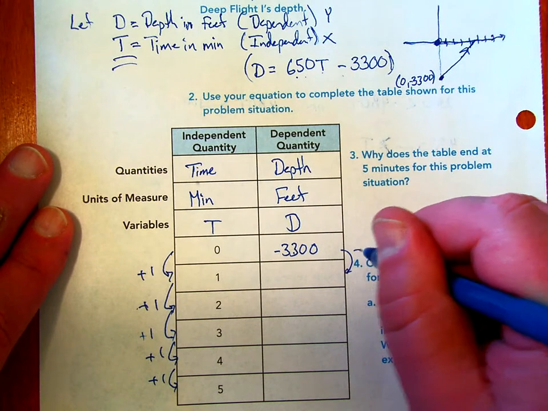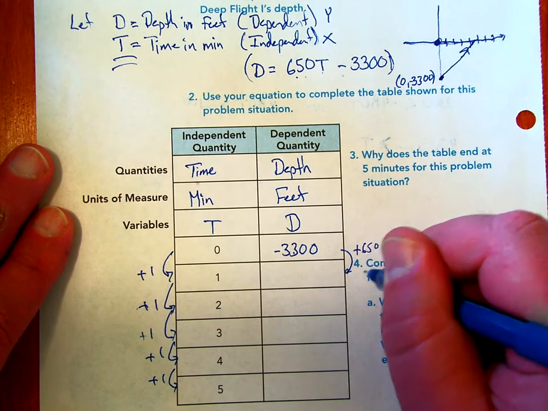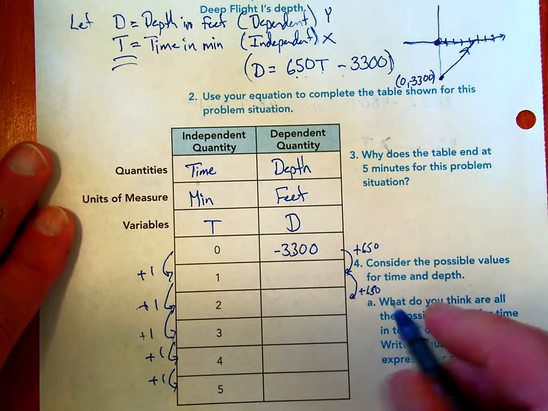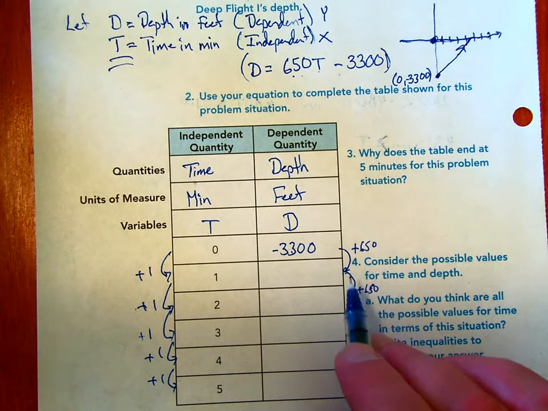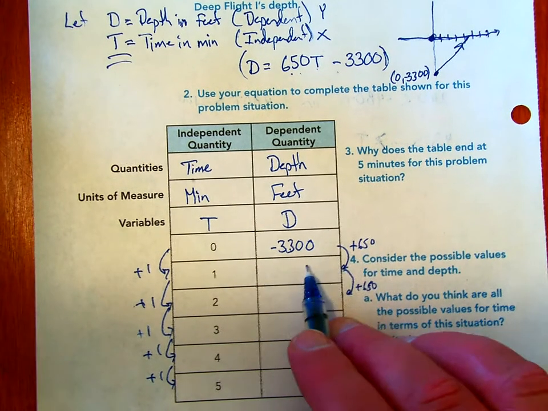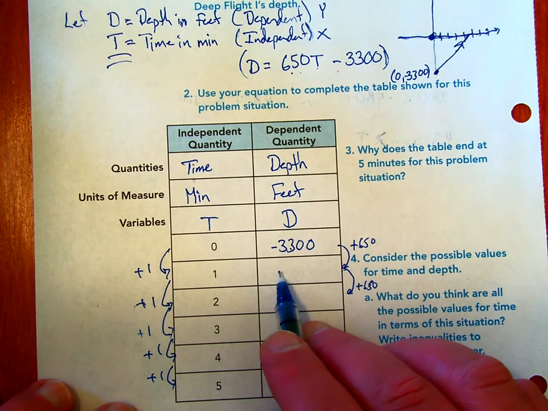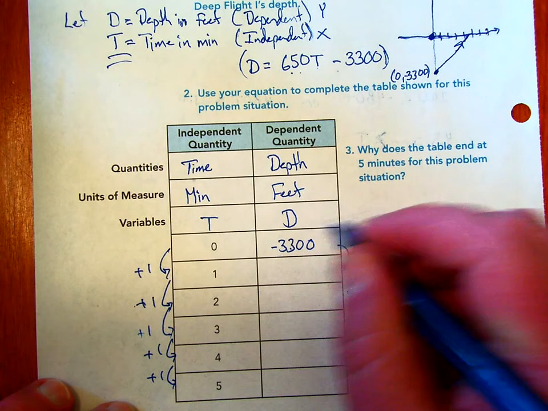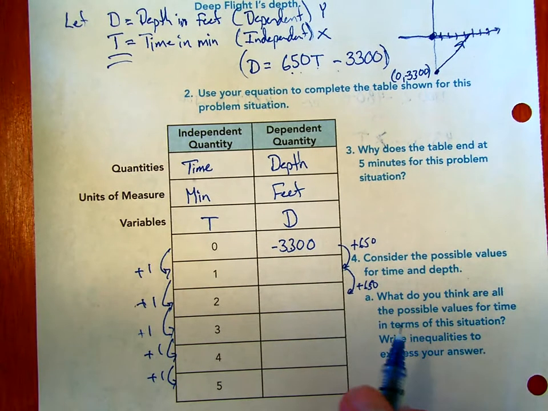We're going up 650 feet every time. And so what is negative 3,300 and add 650 to it? Again, 3,300 bad guys, 650 good guys is negative 2,650.